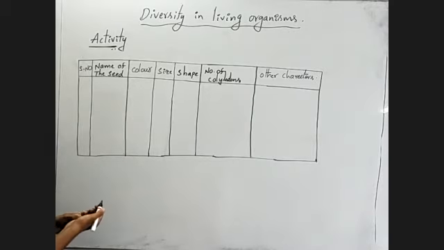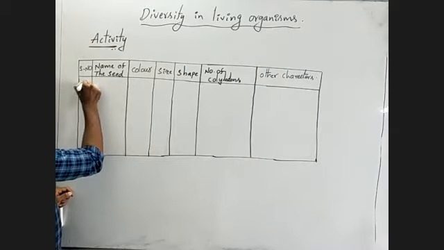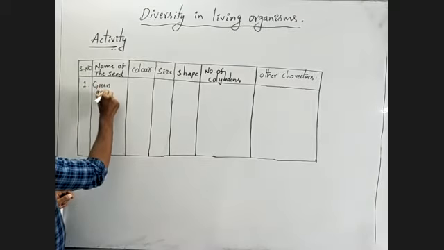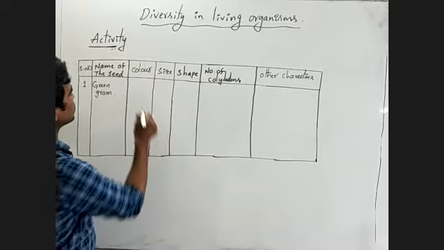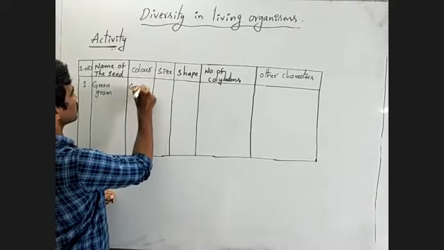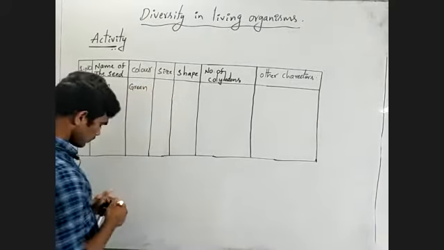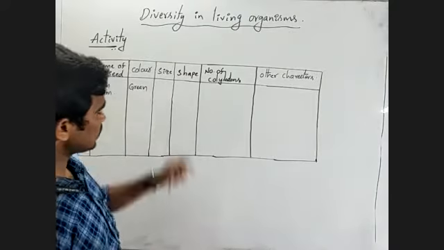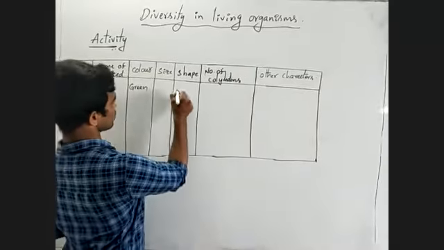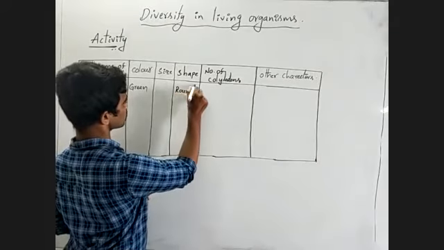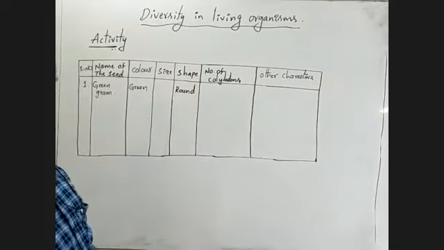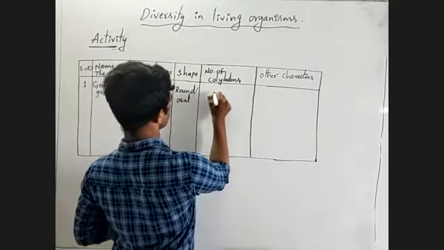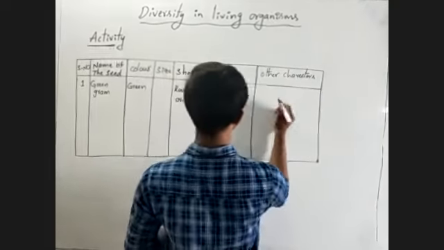Any name of the seed, for example green gram. Green gram: color green; size, by measuring you have to write the size here; next, round or oval shaped; number of cotyledons, 2; and other characters.